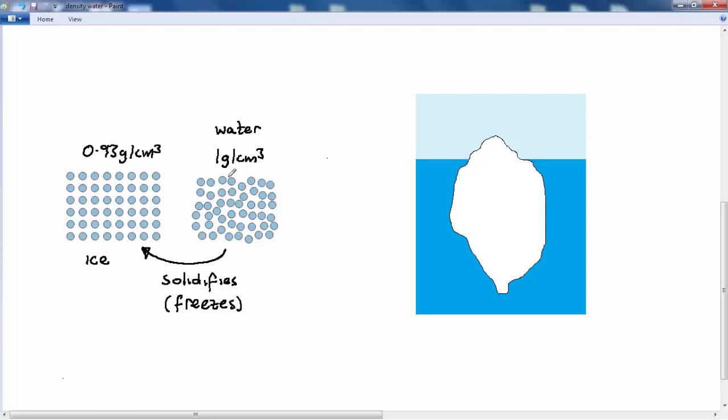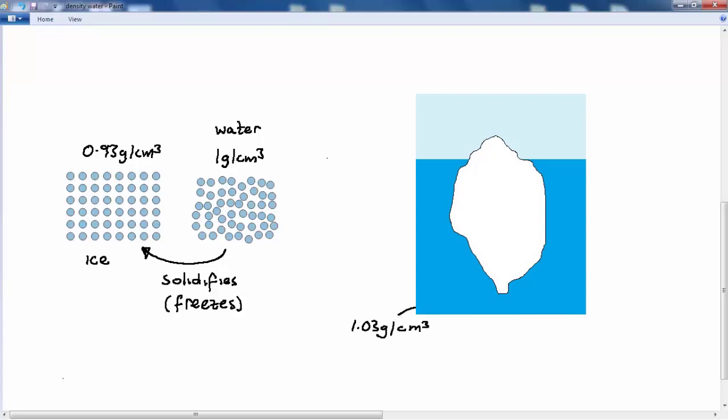Now, a result of this strange reduction in density as the substance moves from the liquid to the solid state is that ice floats on water. In fact, because this is seawater, it's not actually pure water, the density of the seawater is typically about 1.03 grams per cubic centimetre.